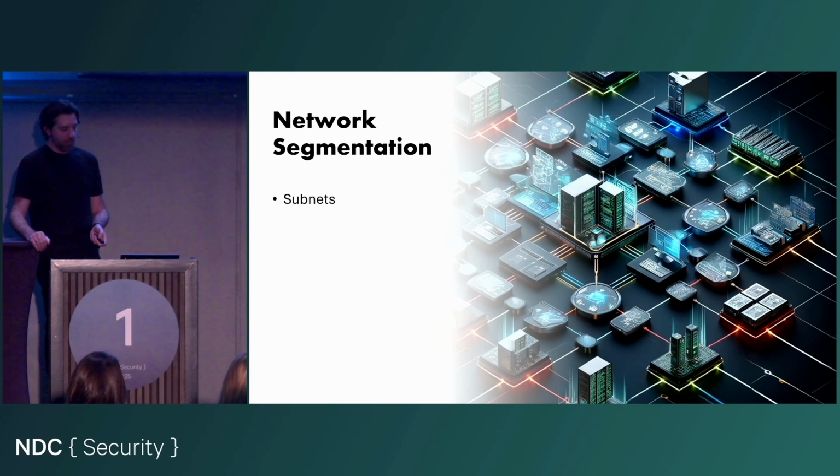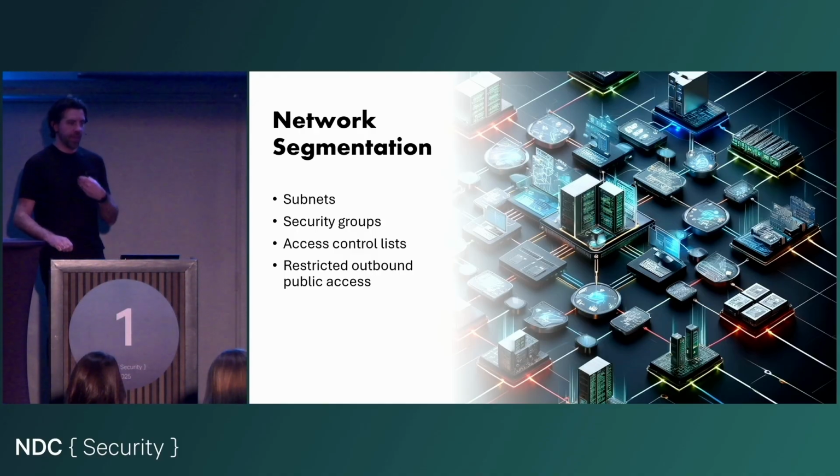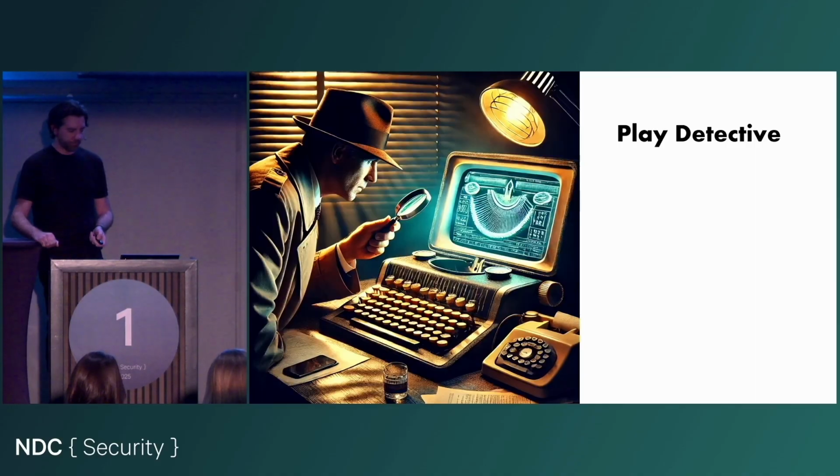So using multiple different subnets, particularly when it comes to cloud providers or different VPCs, using your security groups properly, access control lists, making sure everything's on the right ports, and restricting your outbound public access to make it harder to egress data. As I showed, you're never really going to be able to truly lock that down because there are ways to egress data through endpoints that I don't control, like Azure's login endpoint, but it certainly helps.